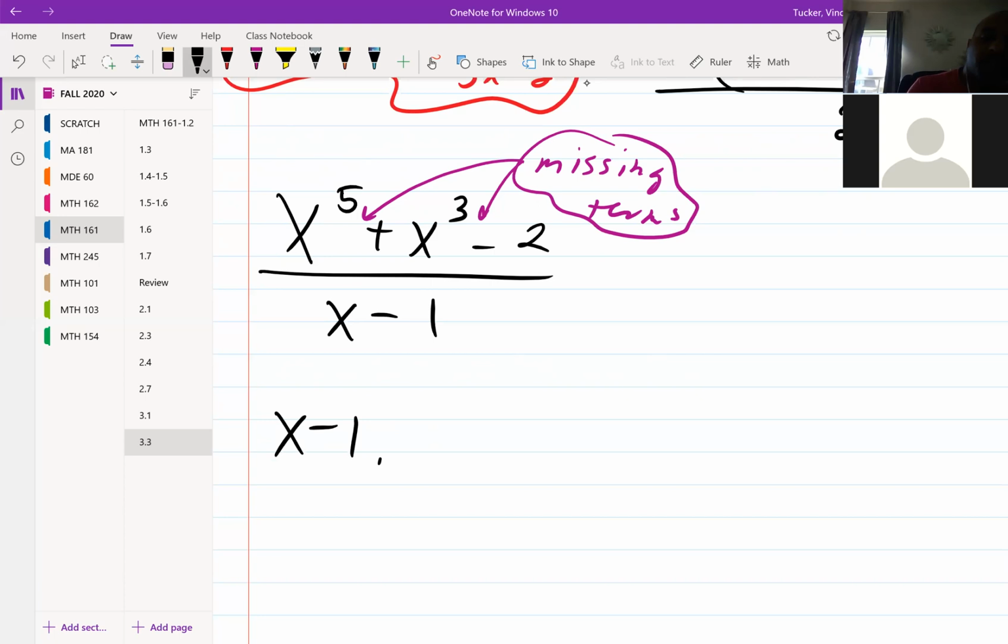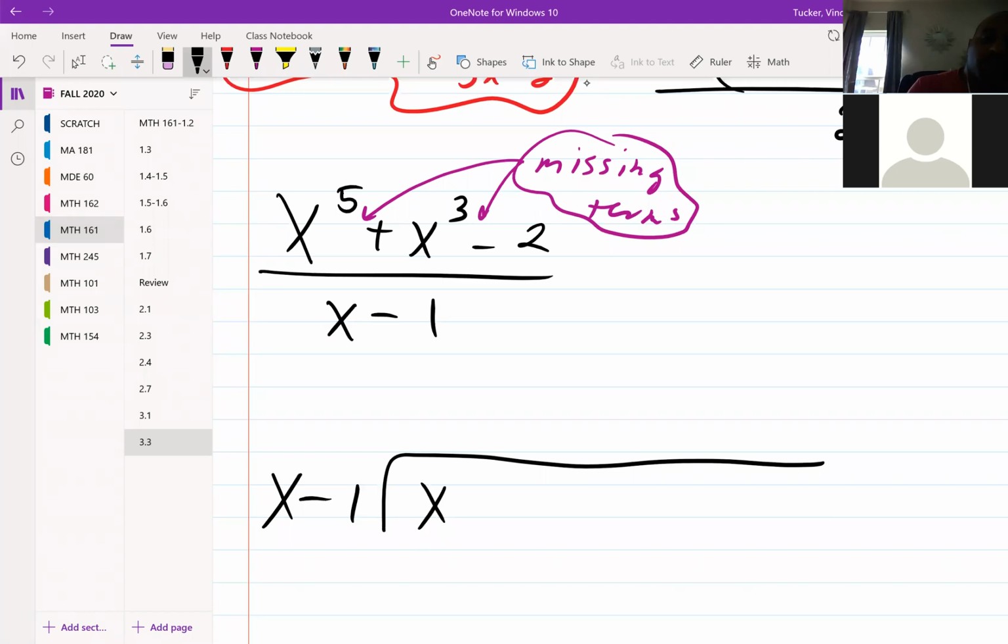So in other words, when I go to set this up, x minus 1 goes on the outside. On the inside, it's going to be x to the 5th. And because of that, we need placeholders.